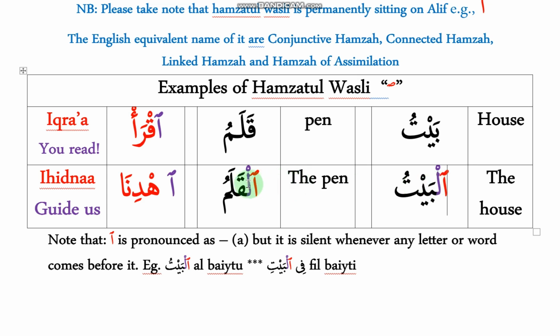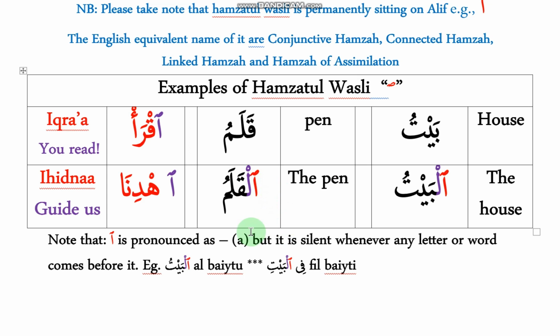And the rare case is when Hamzah al-Wasli is used for command, as we have in Iqra, Ihdina. We will employ Hamzah al-Wasli here and Hamzah al-Wasli here. Another thing I want to take note of is the reason why we call it Hamzah of assimilation.